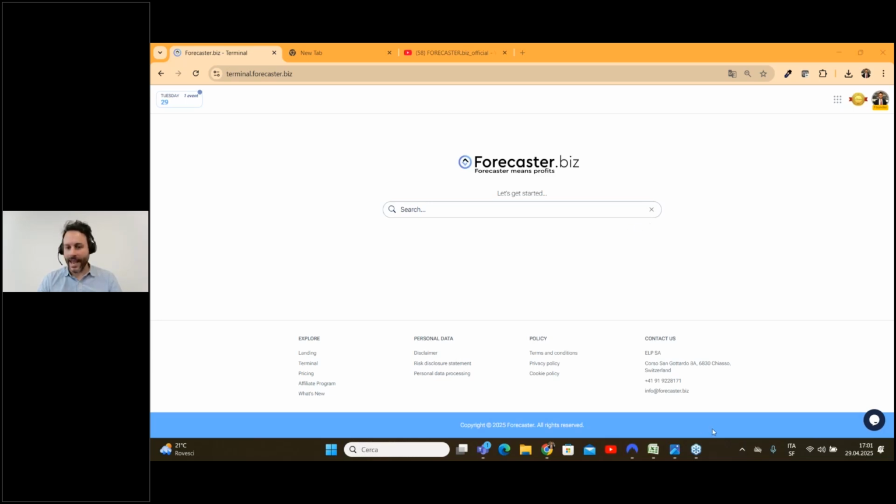So, as I told you, we will deep dive inside the Forecaster Terminal because it is a very powerful tool, but at the beginning, I understand it could be a little bit overwhelming because we have so many things inside.